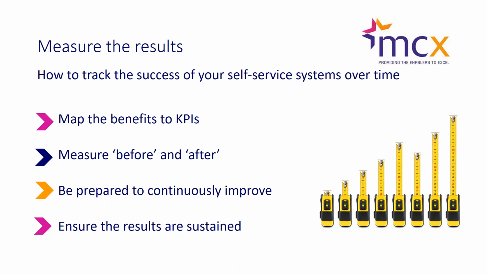And you'd want to measure before and after the difference that any additional functionality online has provided, and also be prepared to continuously improve. It's okay if the initial pilot or rollout doesn't provide the results you were expecting, providing that you learn from it and make that adjustment as required. In that way, you ensure that the results are sustained.